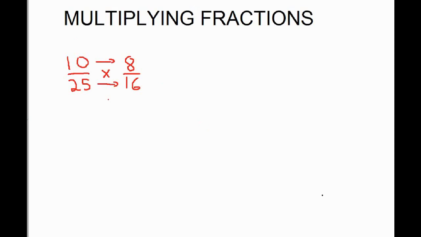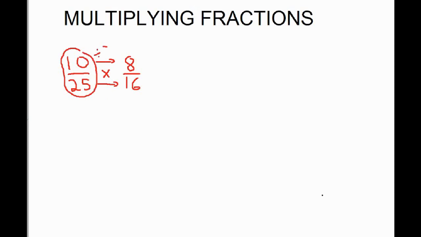Now, what you see is what we end up with here is some pretty big numbers, especially when we have to do 25 times 16. But if we look at these individual fractions here, well, 10 over 25 can be reduced. I can divide both of those numbers by a common factor other than 1. And the biggest number that goes evenly into both of those is 5.